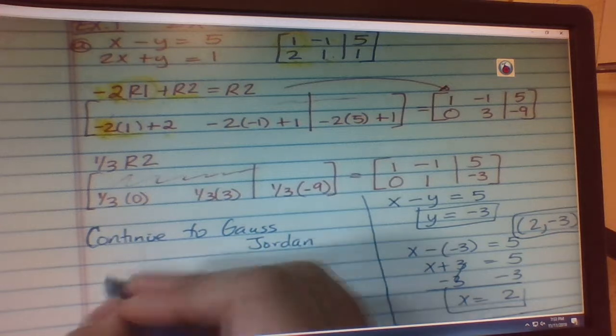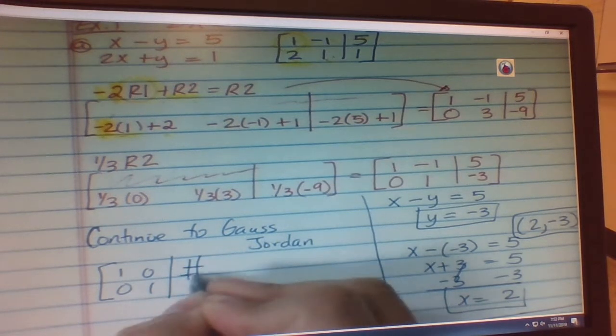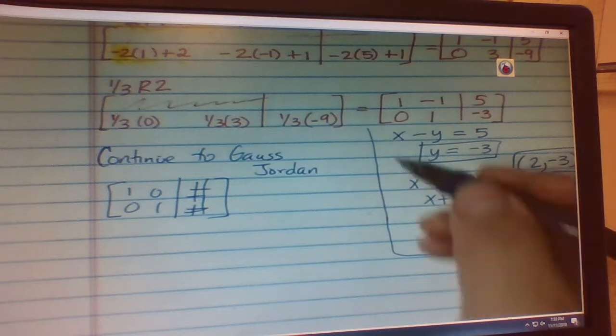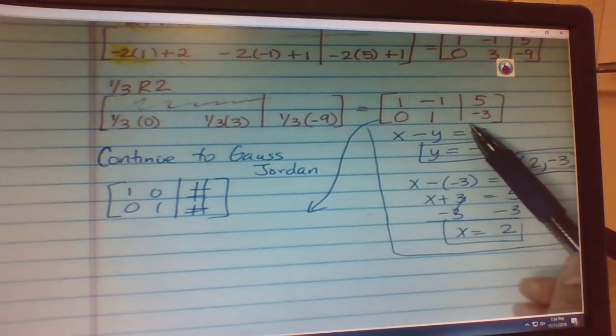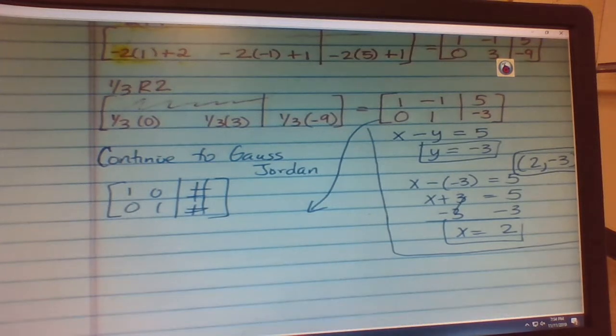Now, to do Gauss-Jordan, the goal is for this, yes, where you only have zeros and ones right there. I'm going to continue from this guy here. So from this guy, to make it look like this, what is the only thing that you're missing?